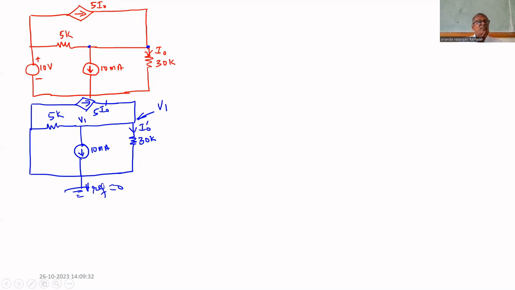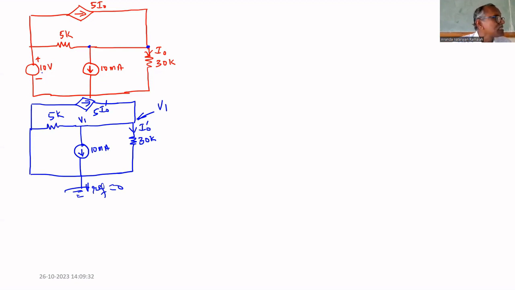But here it is an ideal source because no resistance is here. After removing the voltage source, it is not ideal because of 30K. Sorry, this 10 volt source is ideal.